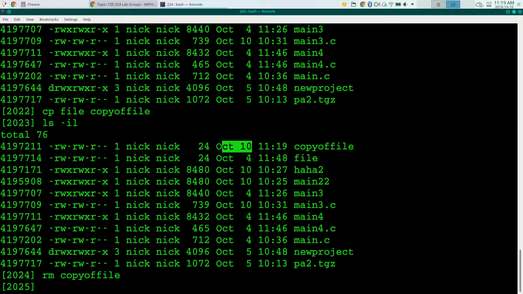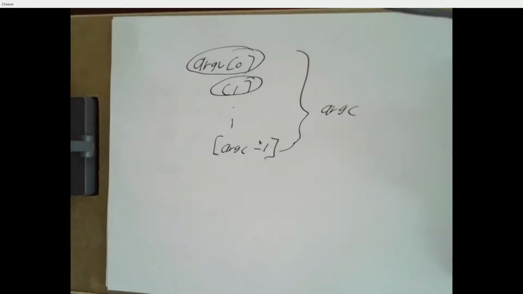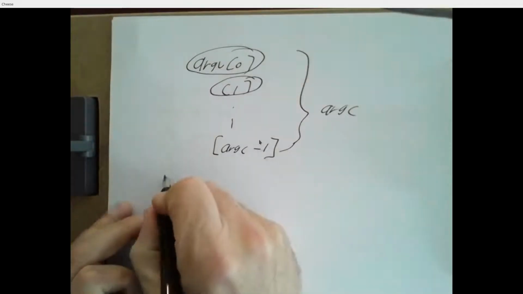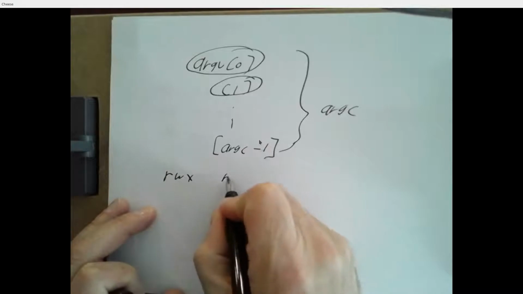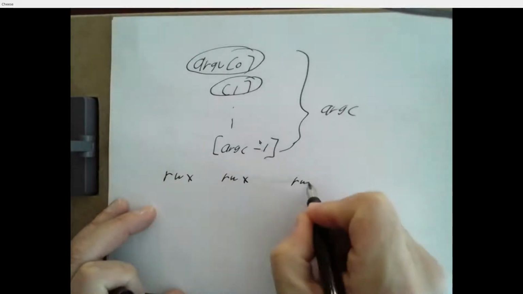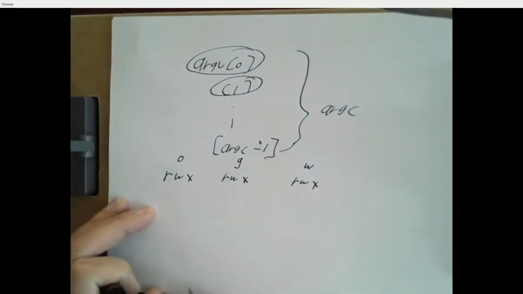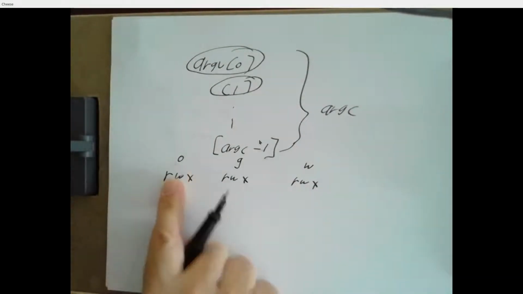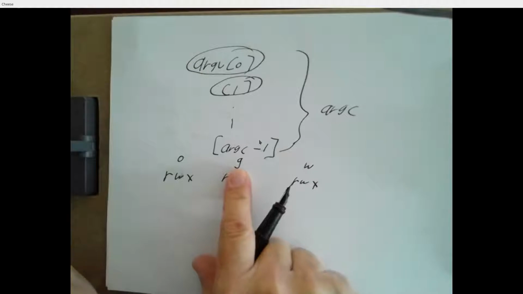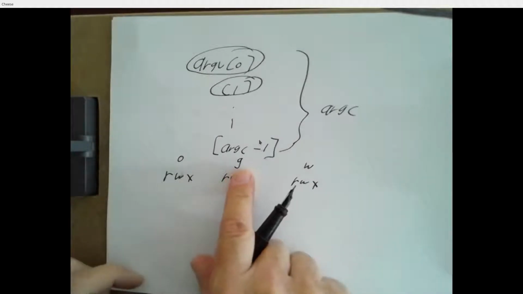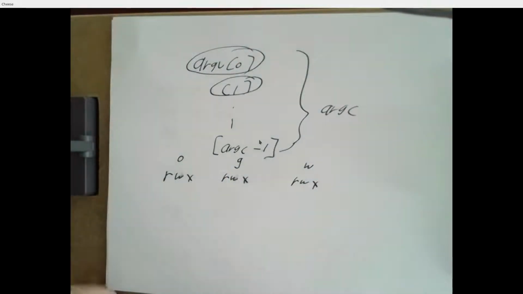So these permission bits in the beginning, remember the basic setup is read, write, execute. And this is for owner and group and world. So this is the person who owns the file. Those were all Nick. This is the group of people associated with that file, and that's again Nick, and then world is everybody else.